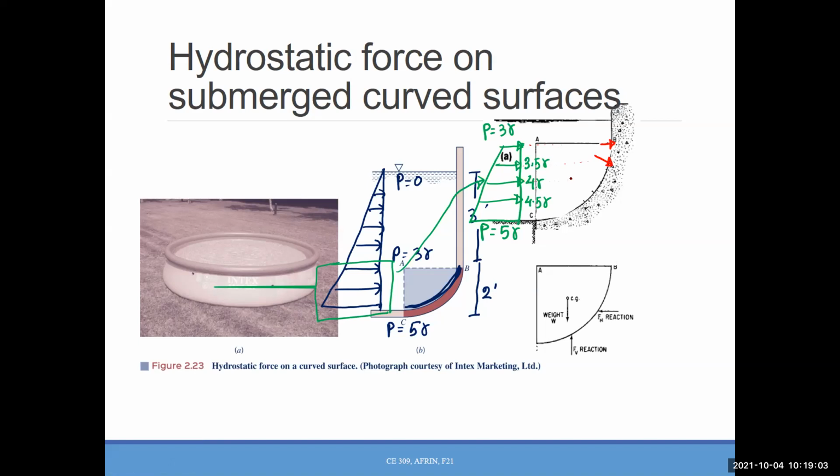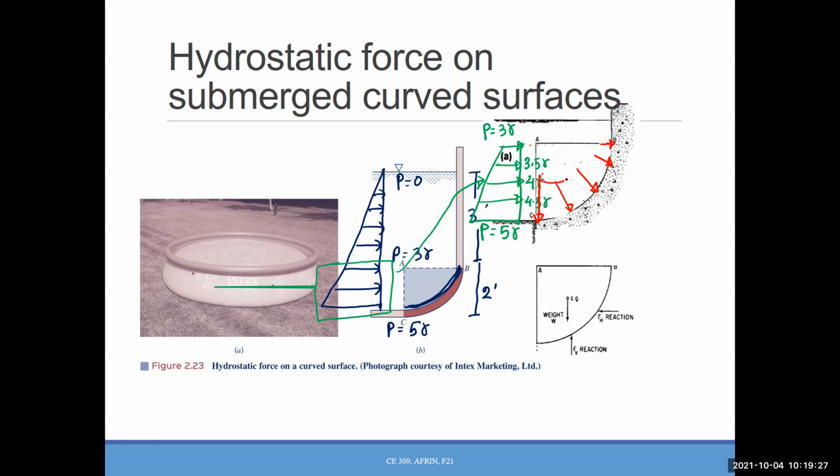For 4 gamma, a little bit bigger than the previous one, but perpendicular to the surface. 4.5 gamma, this one. And with 5 gamma, this is the one.